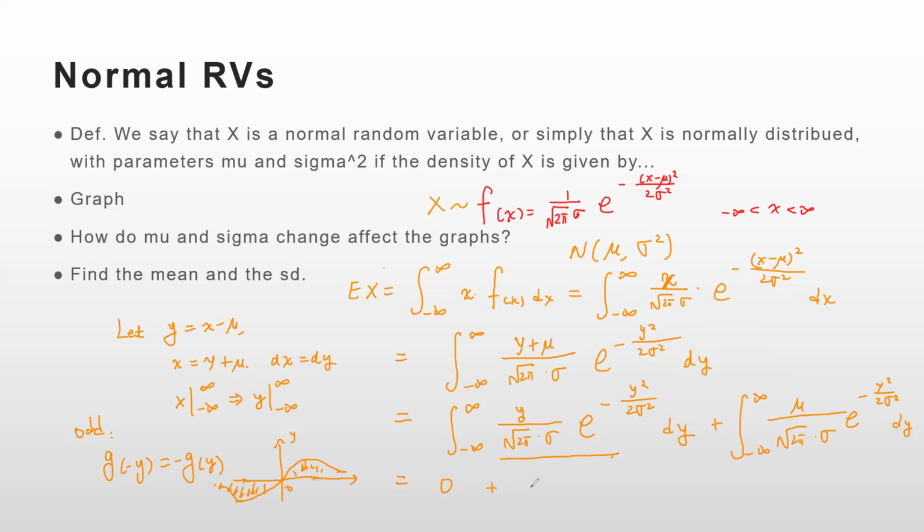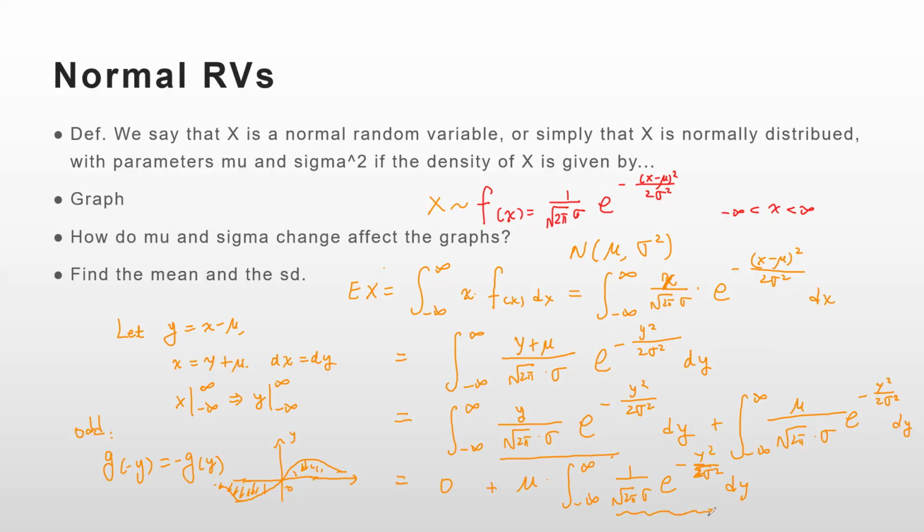And the second part, I'm going to move out mu, and then inside you have 1 over the square root of 2 pi sigma e to the negative y squared over 2 sigma squared dy. Also, there's a trick we can use. Notice this thing.